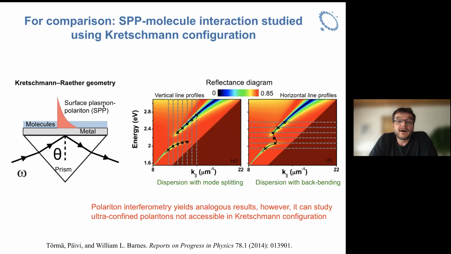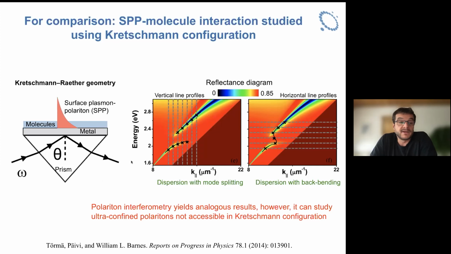So I want to point out, while this can be done with polaritons on gold surfaces, polaritons where the momentum is enhanced by a small factor compared to the photon wavelengths, this technique cannot be applied to phonon polaritons in 2D materials, simply because phonon polaritons, or generally polaritons in 2D materials, have extremely high momenta, and we need another technique.